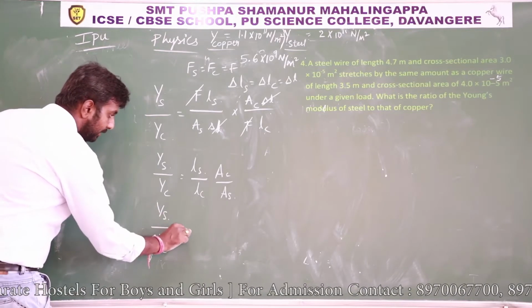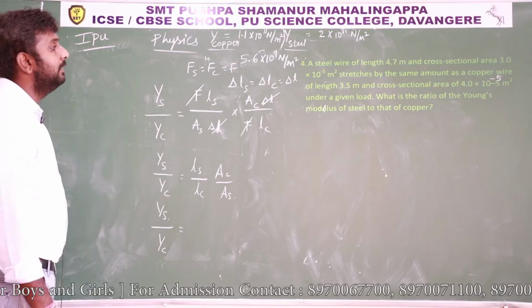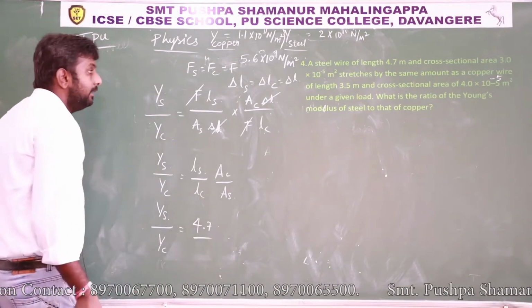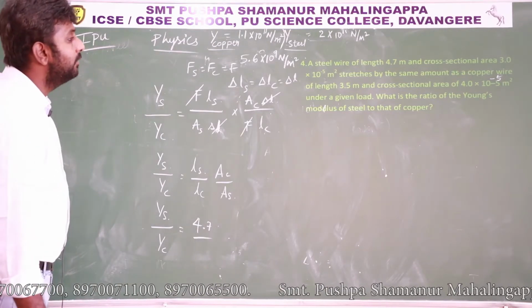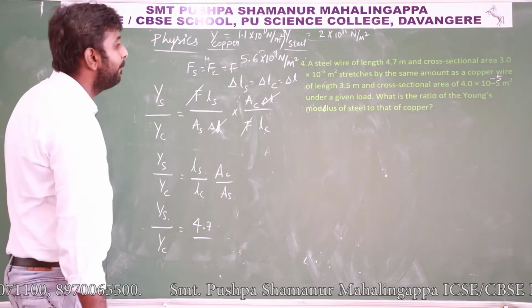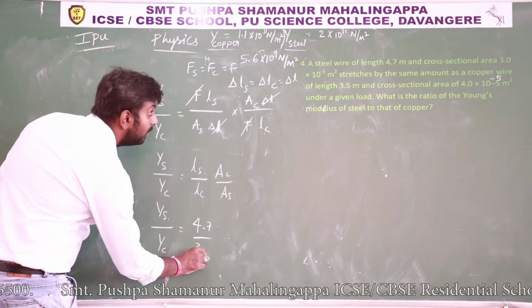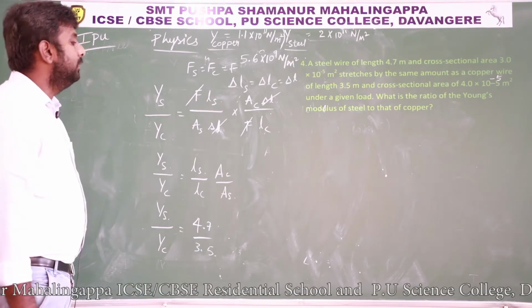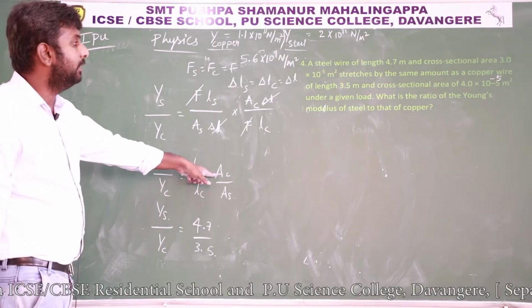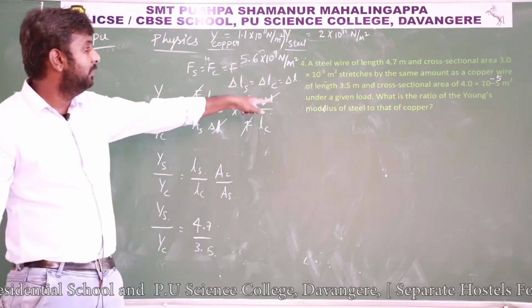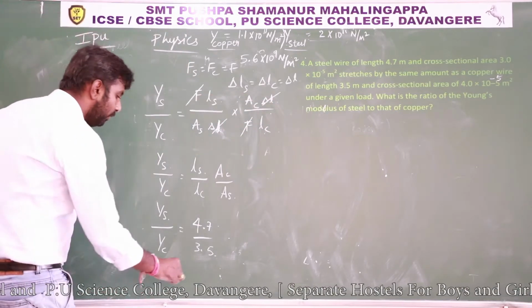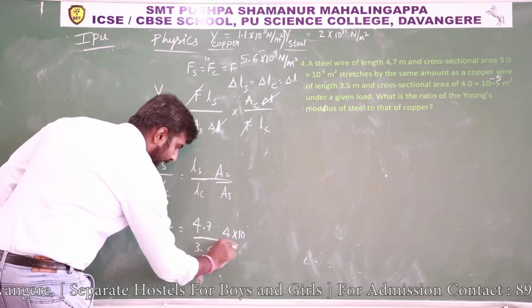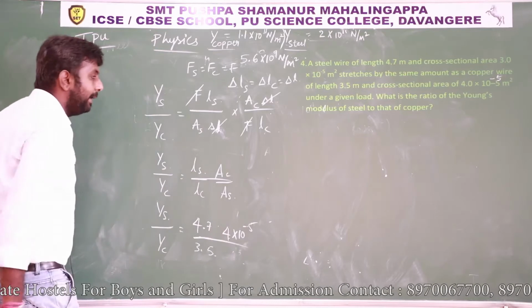Ys by Yc is equal to Ls, the length of the steel wire, 4.7, by the length of copper. The length of the copper wire is 3.5. And the area of cross section of copper is 4 into 10 to the power minus 5.